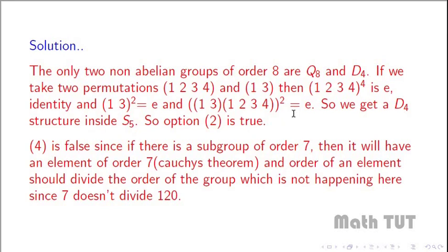So if there is a subgroup of order 7, obviously there should be an element of order 7 there. But we know that the order of an element divides the order of the whole group, and the number of elements in S5 is 5 factorial, so 5 into 4 into 3 into 2 into 1, which is 120, and 7 is not a divisor of 120.